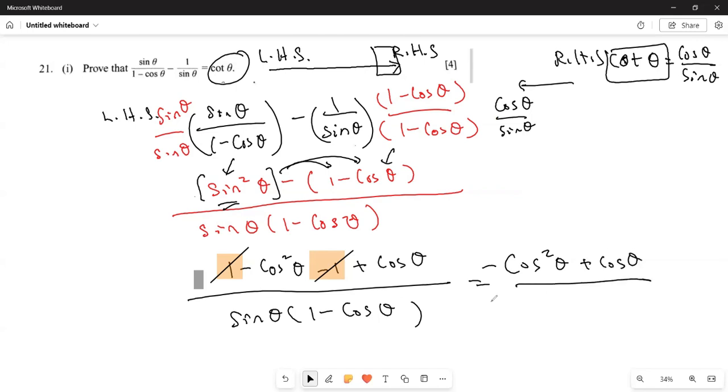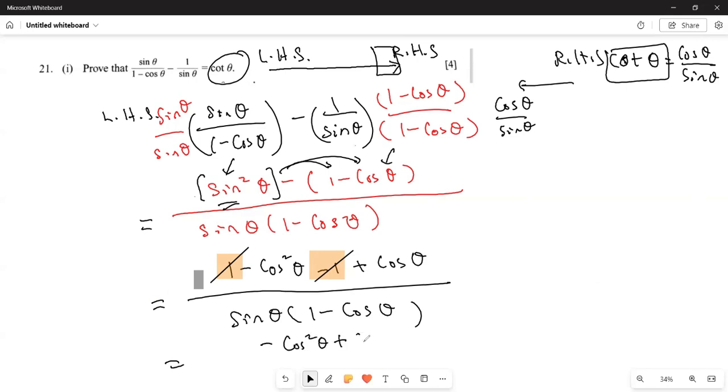I've got no space, but I'm supposed to write the equal sign on the left side. I don't like to write equal signs all on the same line, so please write all the equal signs on one side only. Yeah, write on the next line. Can you still see this? Minus cosine square theta plus cosine theta.